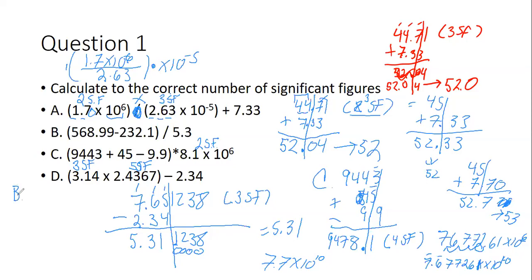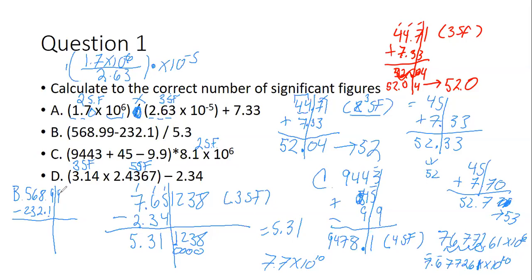B, 568.99 minus 231.2, or 232.1. All right, so I draw my line after the 1, because there's one digit after the decimal versus 2.